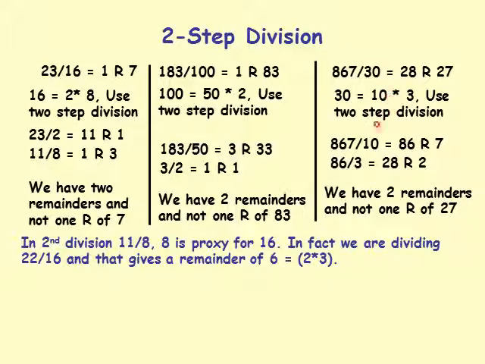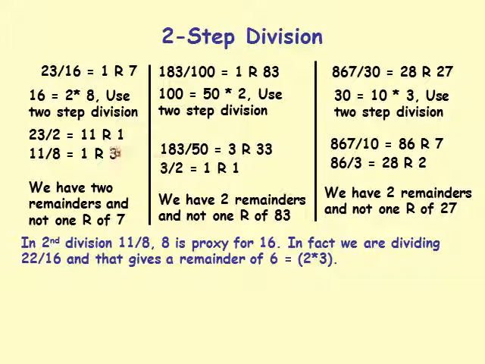In the third example here, we are dividing by 10. 10 is a proxy for division by 30. That means we are dividing by 3 in the second division. 3 is a proxy for division by 30, and that means we are trying to divide 860 by 30, which is 28, remainder 20.